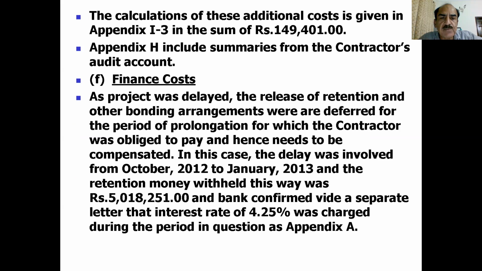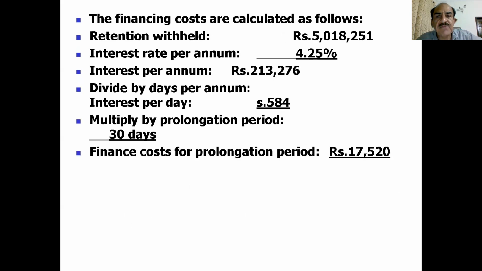Now, the finance cost. As the project was delayed, the release of retention and other bonding arrangements were deferred for the period of prolongation, for which the contractor was obliged to pay, and hence needs to be compensated. In this case, the delay ran from October to this date, the retention money withheld was this amount, and it was confirmed by a separate letter that the interest rate was this. Therefore, it was worked out for the delayed period and the cost which the contractor had to pay for this guarantee or insurance.